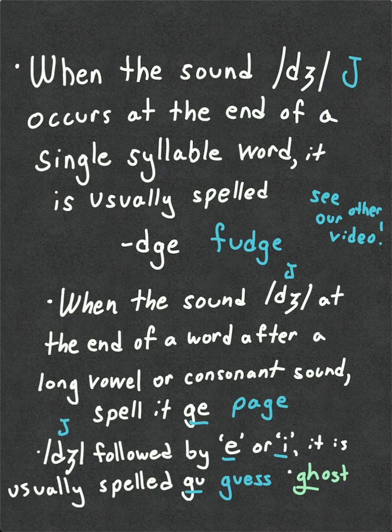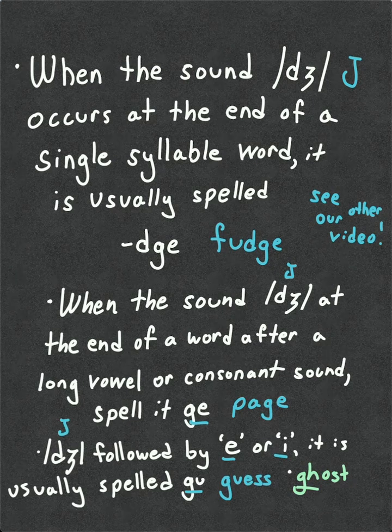Now, when the J sound occurs at the end of a single syllable word, it is usually spelled DGE, such as the word fudge. We did a whole other video on this. When that J sound is at the end of the word, after a long vowel or a consonant, we're going to spell it GE, as in the word page.